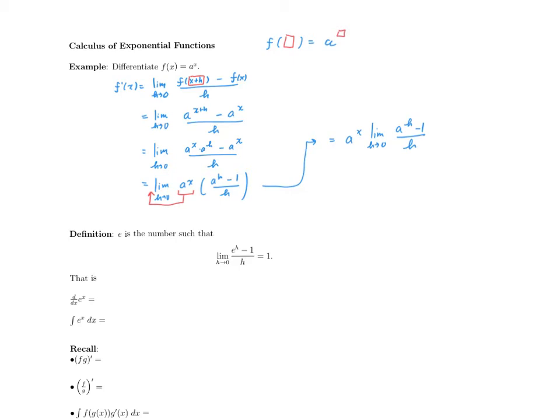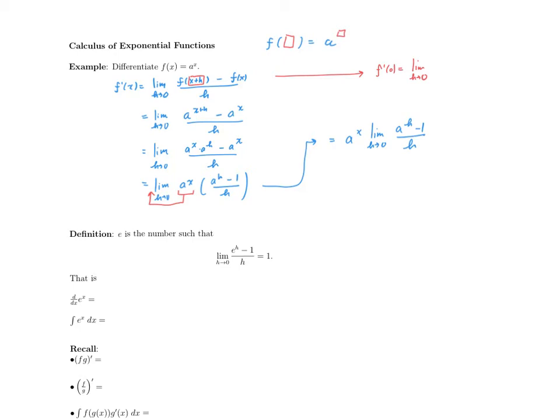In fact, this limit results precisely when we substitute in x equals 0 in our original limit. So let me make a note to the side so that we can see precisely what this limit is. f prime of 0 would be the limit as h approaches 0, and I'm going to substitute in x equals 0.